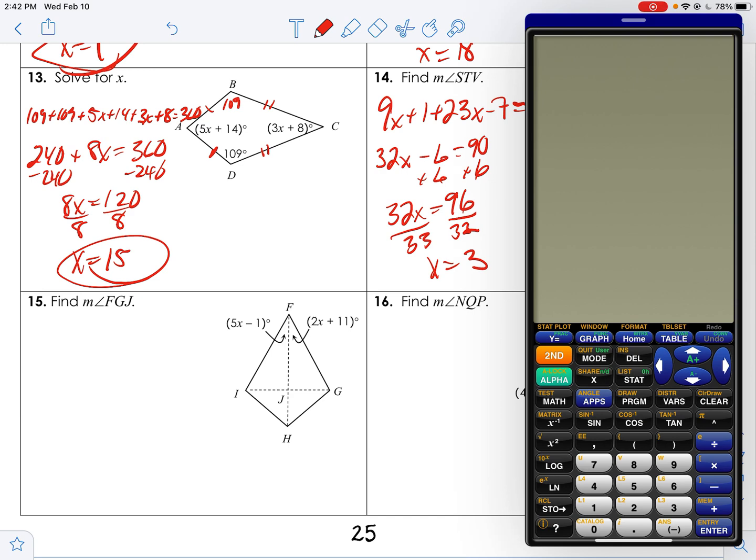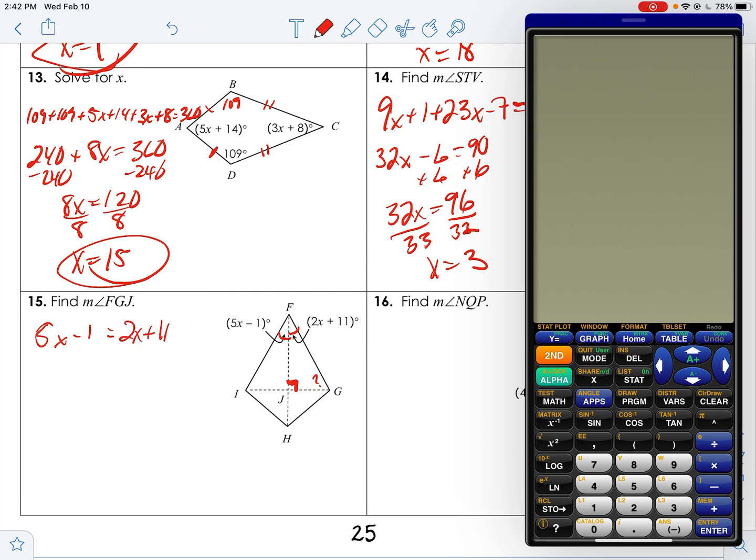Find the measure of angle FGJ. F to G to J. We need that one right there. Well, we know that this is 90. And if we knew what that top one was, the 2x plus 11, we could figure that out. What we do know is that this is equal to that because they get bisected.